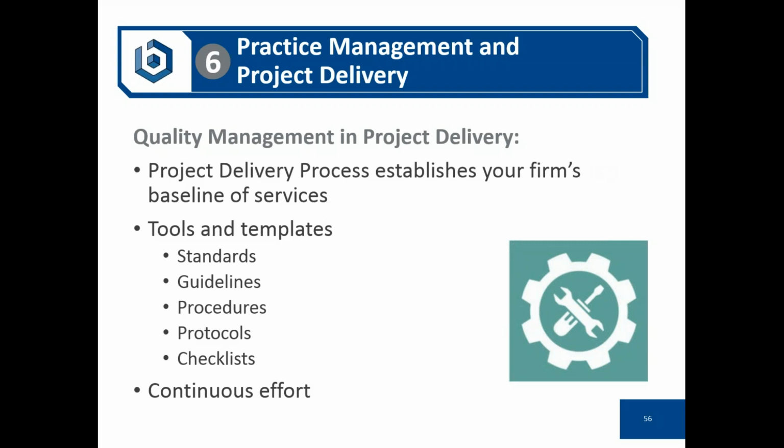The more tools and templates you have, standards, guidelines, procedures, protocols, checklists, the better it's going to be for you. It's going to make your work more efficient, and it's going to embed quality management as a continuous effort as you're developing the project, rather than simply a milestone effort, midway through or later in construction documents. We recommend that it be an effort that starts in schematic design and continues through every phase of the project.